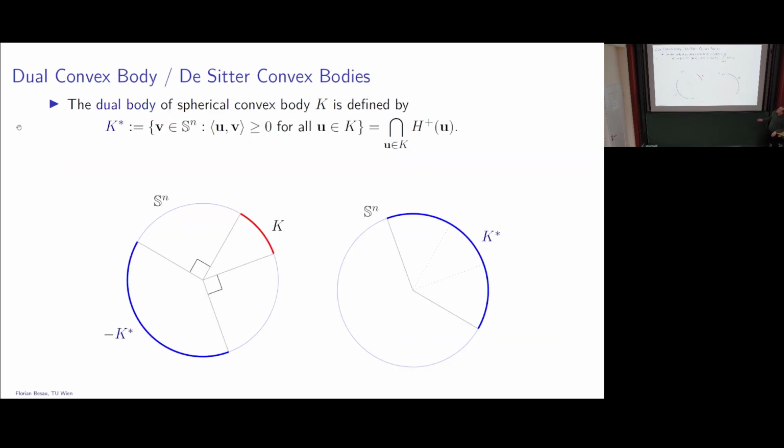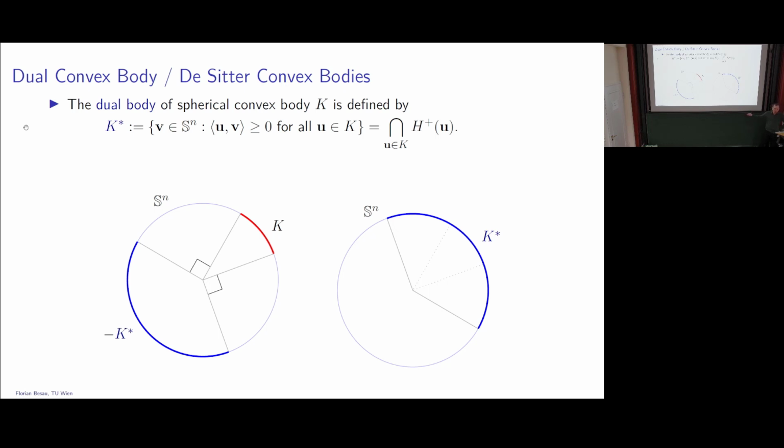So the only thing that I am missing for now is a polarity operator. Well, there is a natural dual operator on the sphere and also in hyperbolic space. Extrinsically, you can define it in the following way. You take your spherical convex body, a subset of the sphere. You take the radial extension, this will be a convex cone.